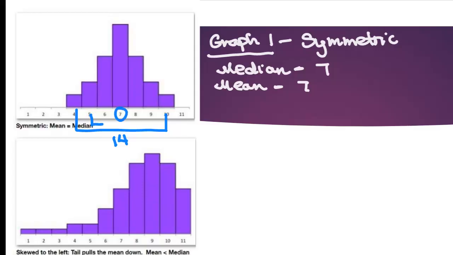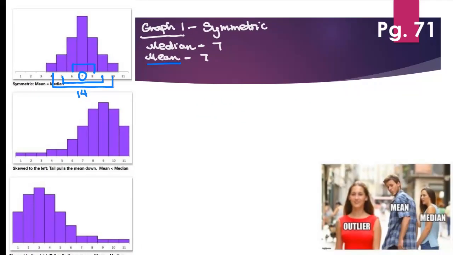If I add 5 and 9, that gives me 14. Since they are both the same height, divide by 2 gives me 7. Same with 6 and 8. That gives me 14 divided by 2 is 7. So that's how I know that the mean is also 7. And it tells you, if you're paying attention, yes, this is symmetric and the mean is equal to the median. Very good. Sometimes you got to look at those little clues.